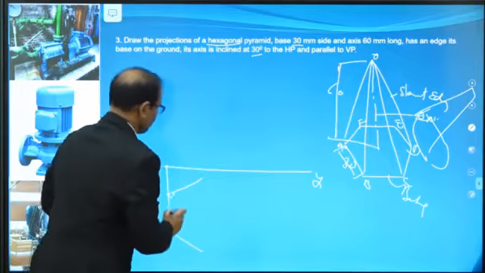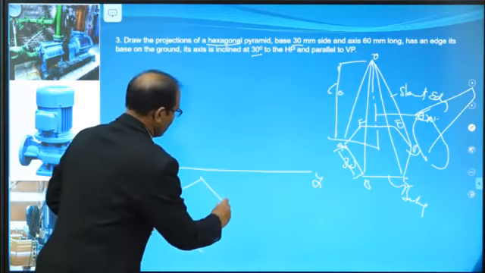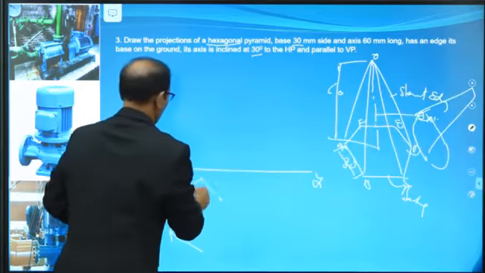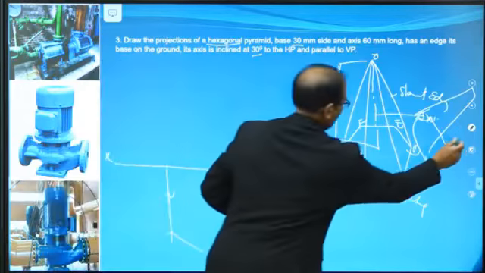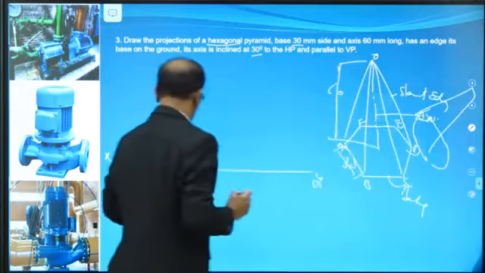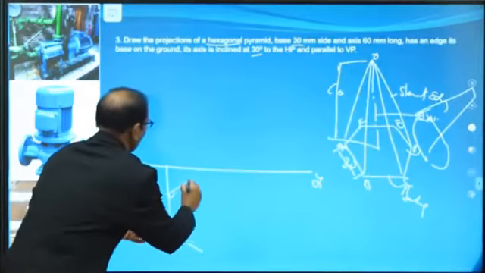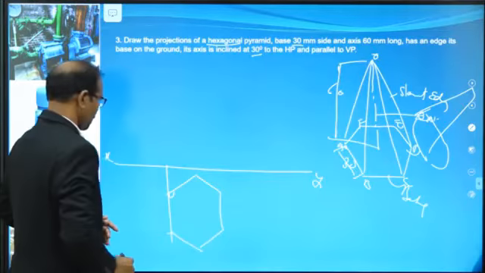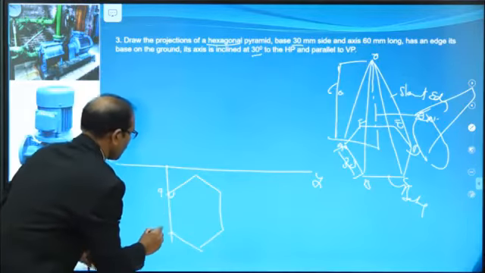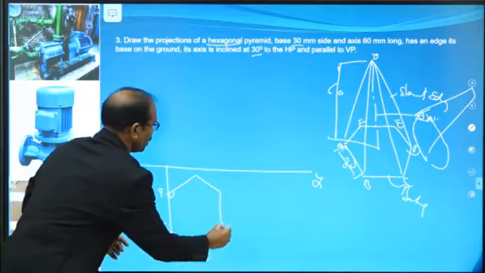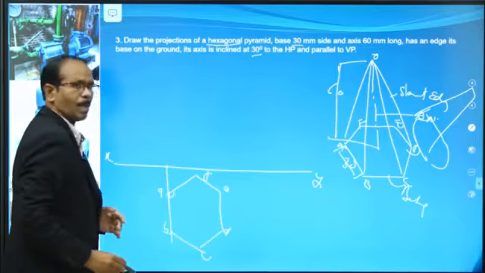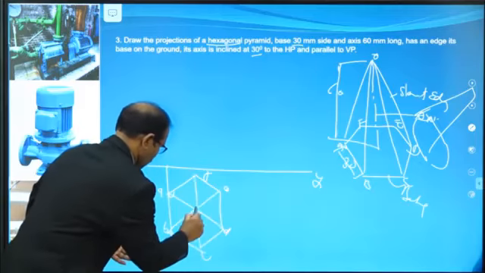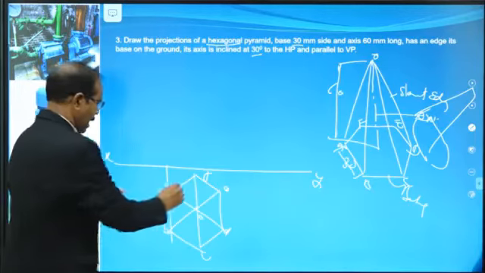Again 120 degrees, again 120 degrees. Right. Say 120 degrees, 120 degrees, 120 degrees, 120 degrees. Say this is A, B, C, D, E and F. The center point, joining the corners, say this is the O point.